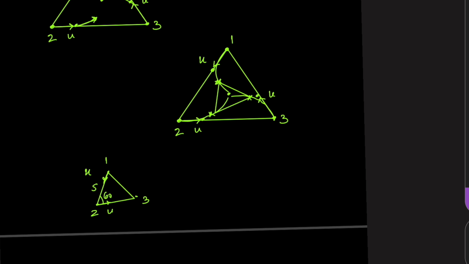So consider only particles 1 and 2. The separation s will change. Particle 1 has velocity u. Particle 2 also has a velocity u, but it is making an angle of 60 degrees with the line joining 1 and 2.